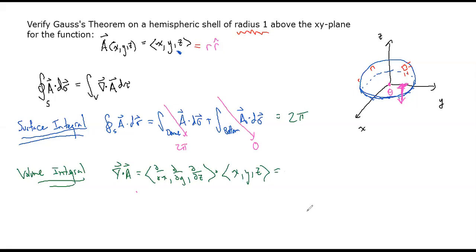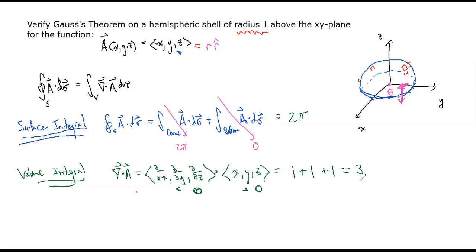Is it 1, 1, 1? Yep, so d/dx of x is 1, and then matching y with y, d/dy of y is 1, and then matching z and z, d/dz is 1. So the whole thing is 3.